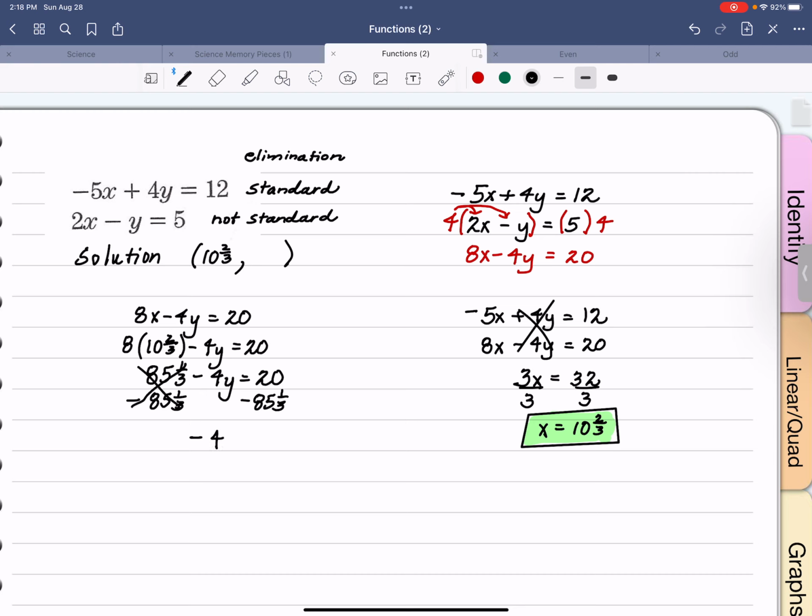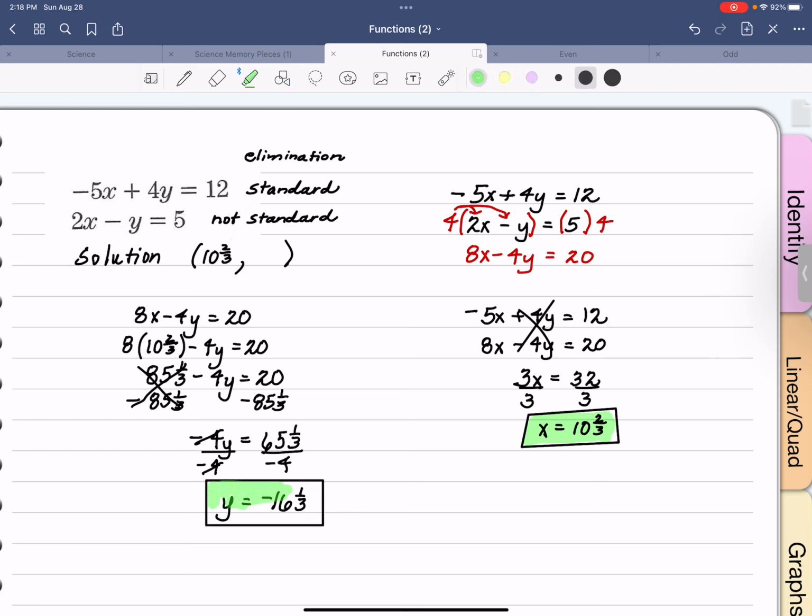So I'm left with negative 4y equals... if I had thought through this, I would not have tried to solve it. But we're there, so let's go ahead. Negative 4 and negative 4. So y equals negative 16 1/3. That's the other half of this solution.